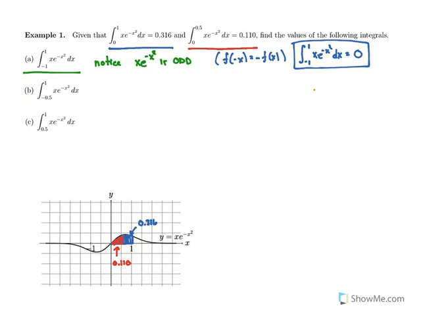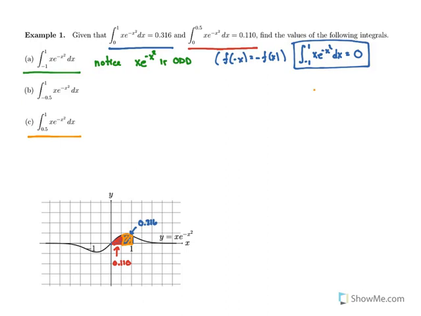Now let's move on to the other ones. And I think it's actually better to start with this third one here, the integral from 0.5 to 1. That is this chunk. And note that we can use the values that we have to build this 0.5 to 1 chunk.